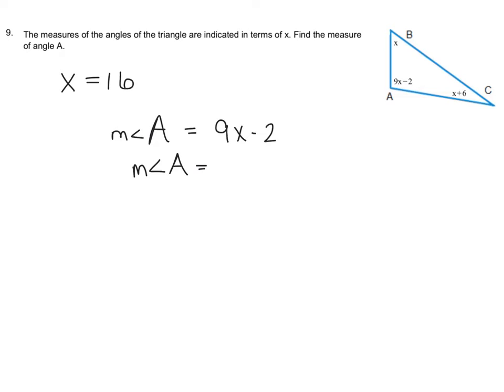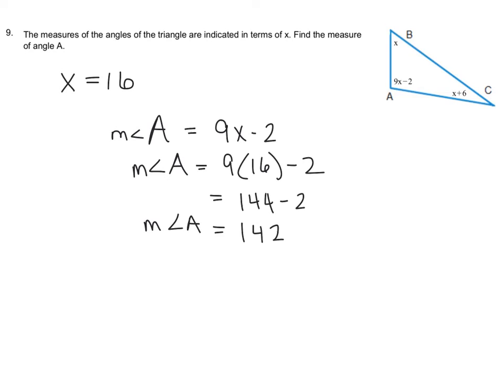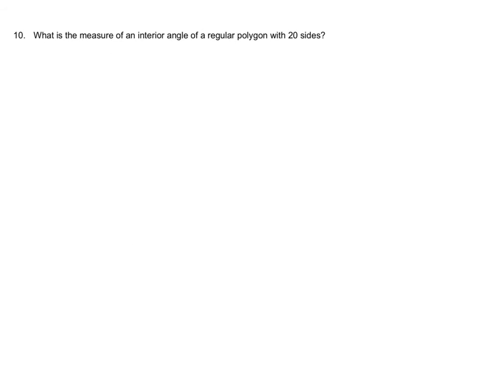So the measure of angle A is 9 times 16 minus 2. 9 times 16 is 144. Lastly, we'll subtract 144 minus 2, which is 142. So the measure of angle A is 142 degrees.